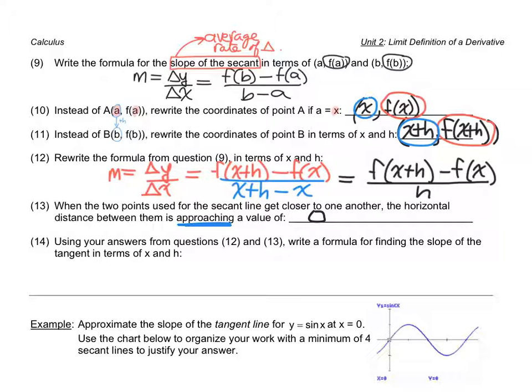In the next question, when we want to write the formula for finding the slope of the tangent in terms of x and h, we know that we're working off of our secant. We want the points of our secant line to get closer and closer together. So I have to make a minor adjustment to this expression to make that happen.